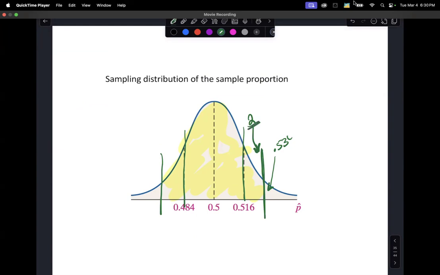This 0.534 has a z-score of 2.15. So it's outside the confidence interval. Therefore, it's in that critical region, and I reject the null hypothesis because it didn't land in this area. Does that kind of make sense?